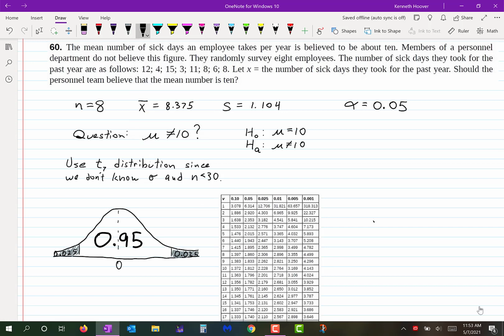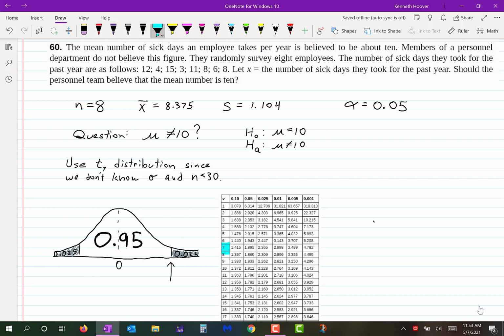Okay, now I'm going to look up this number in the t table. Remember our degrees of freedom is 7. It's 1 less than the sample size. So I go down this column here to the 7. Right there.